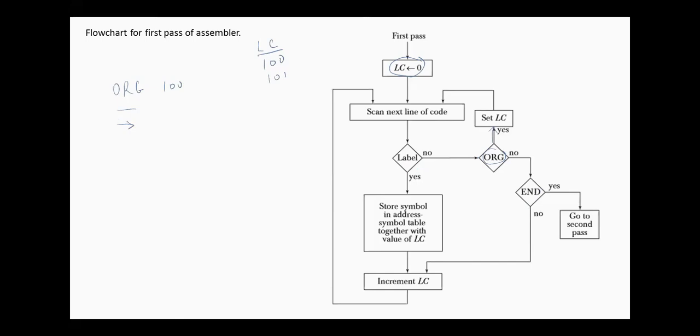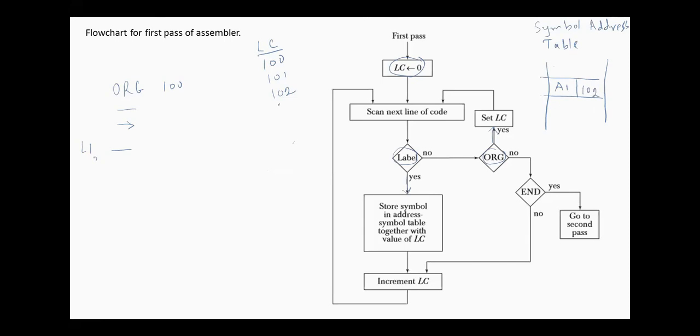And suppose here again we have no label, and not org and not end, so the location counter is again incremented. Suppose that here we have a label A1, so here the condition is true, yes, we have a label. So in the symbol address table, we store the value A1 along with its address, 102 in this case.